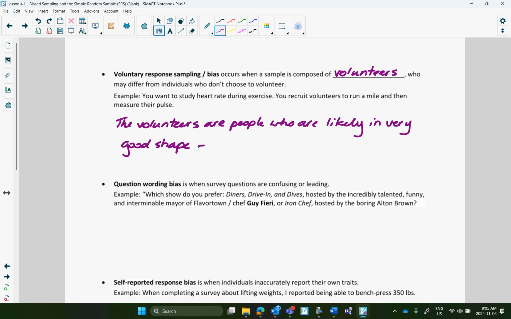So would that lead to an over or underestimate of heart rate? Under, right? Because chances are they would have a lower heart rate.